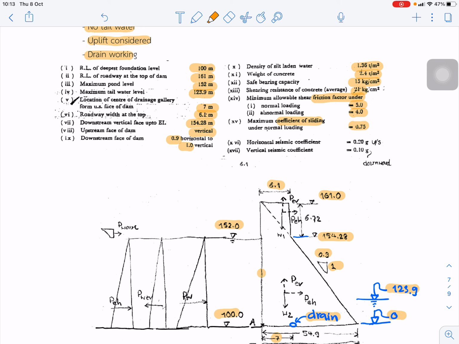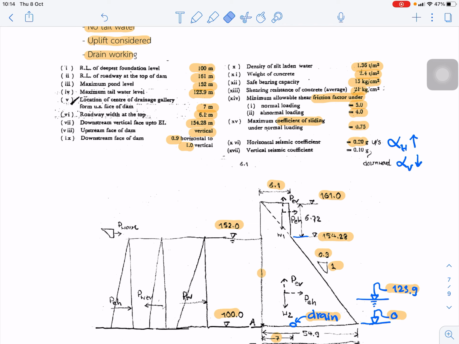And for the seismic coefficient, this is the alpha horizontal, okay, is 0.9 and upward. And the vertical seismic coefficient is downward.